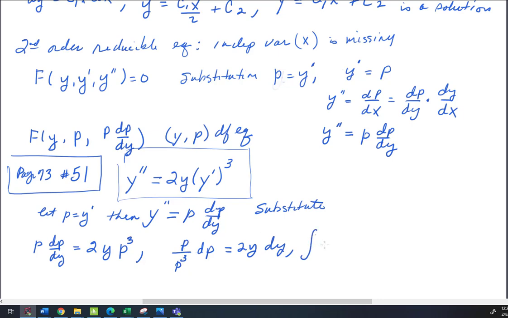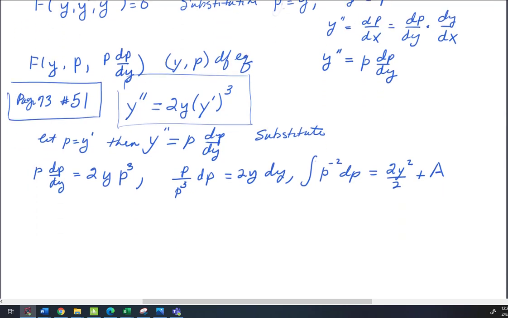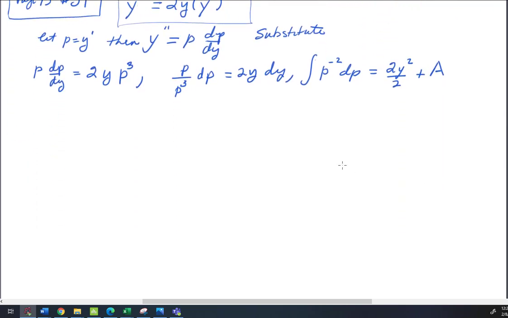So I've got the integral of p to the negative 2 dp is equal to 2y squared over 2, plus a constant. This time I'm just going to use a as the constant. Maybe that's easier than using C1 and C2, although of course it doesn't matter.